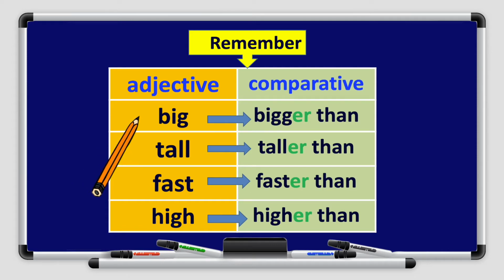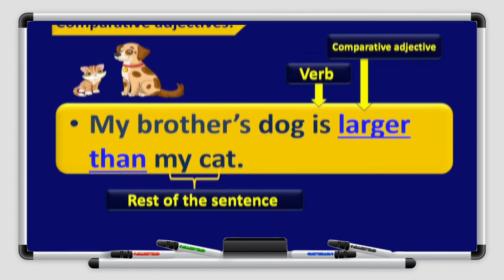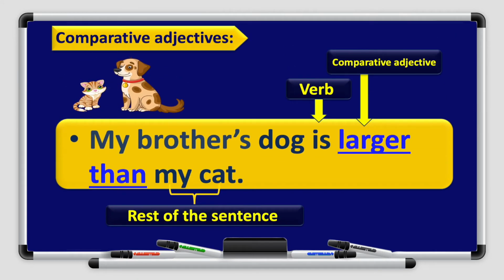But if we have two things, we use bigger than. So this one is big and the other one is bigger than this. Tall, taller than, fast, faster than, high, higher than. Excellent, boys and girls.